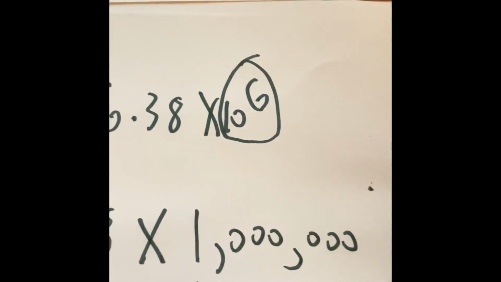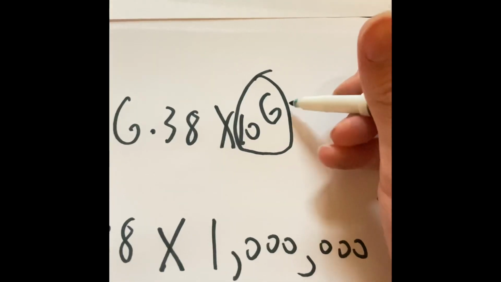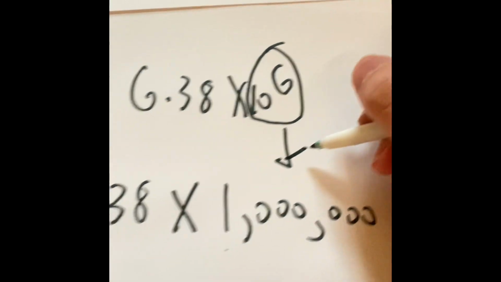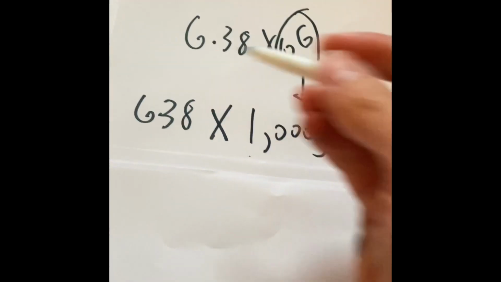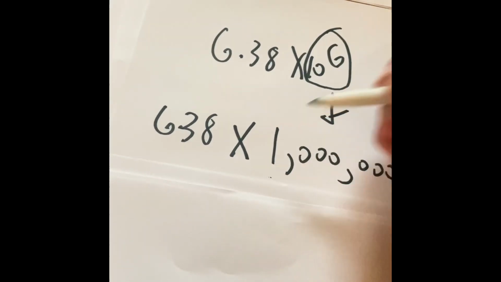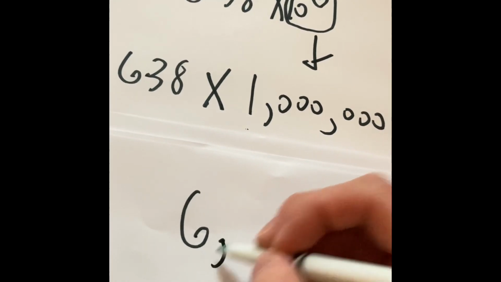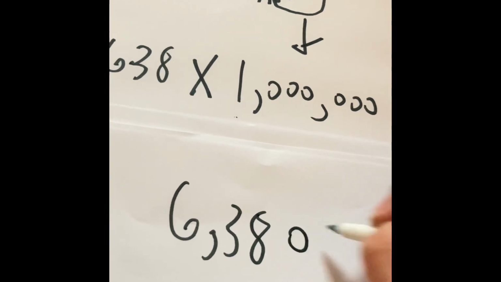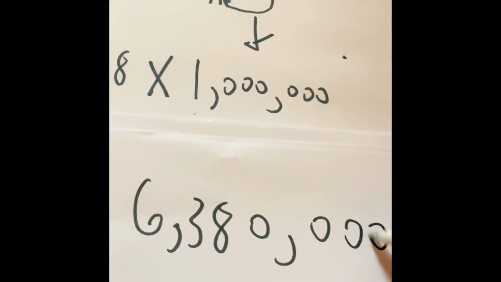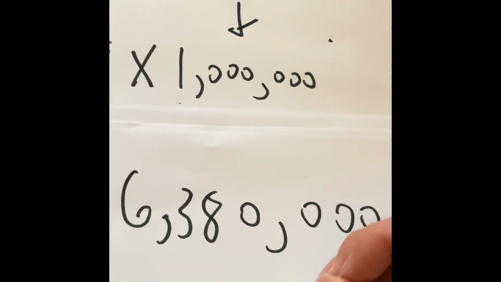So 10 to the 6th power is 1 million. And when we multiply 6.38 by a million, we get 6,380,000. So that is the distance in meters.